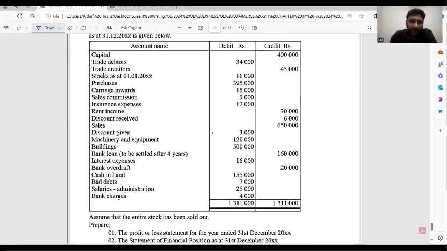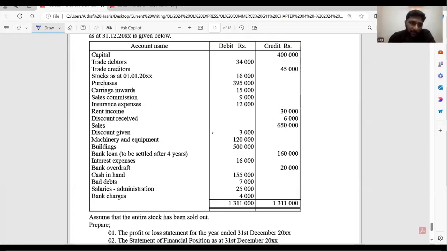They have given the capital. So generally people, when they give a capital in the trial balance, it is before making the adjustments. That means before making the drawings adjustment only will be there in the trial balance. So by making that adjustment, we have to take the closing capital balance to the balance sheet.